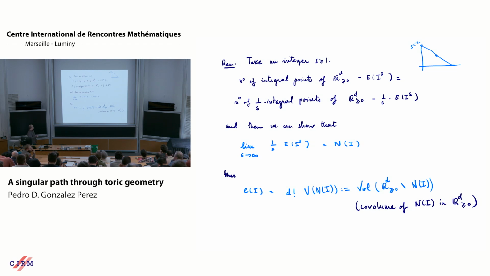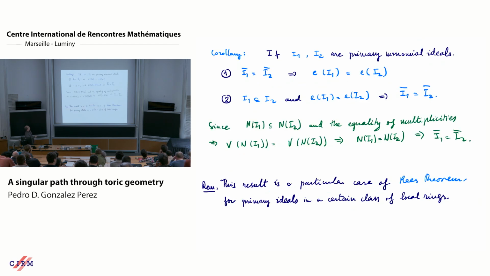We call this the covolume of the Newton polygon. One corollary is that if I_1 and I_2 are primary monomial ideals, then if their integral closures are equal, it implies that the multiplicities are equal.